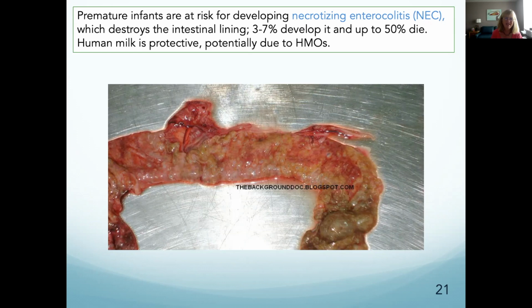Enterocolitis is gut inflammation, and necrotizing means the tissue is breaking down. Premature infants who start getting this are very likely to die. Up to 50% of them die. We've found that human milk is protective, potentially due to these HMOs.